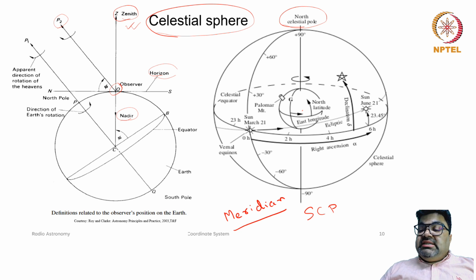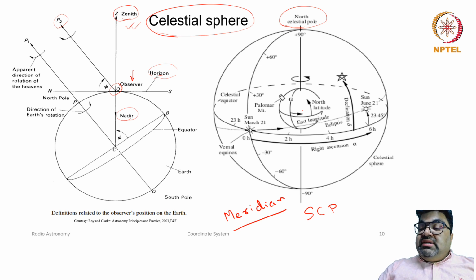So, a few things: the location of the observer. If you know that, then you can draw a tangent. This is the horizon for the observer. Anything below that, the observer cannot see at a given time. But thanks to the movement of the earth, the sky will keep on rotating around the observer.